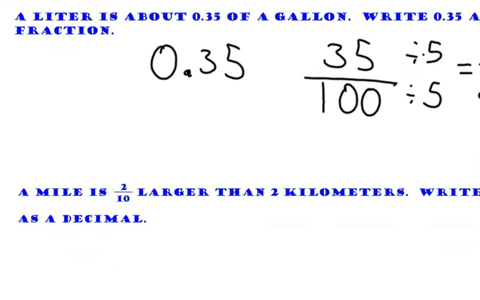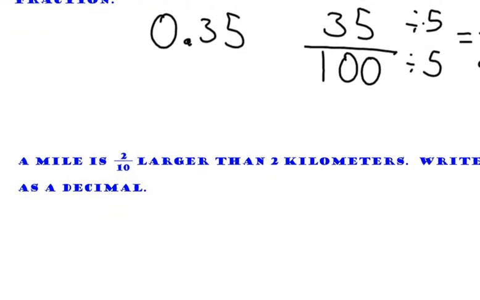Okay. We can also look at it in the other way. It says a mile is 2/10 larger than 2 kilometers. Write 2/10 as a decimal. So now we're going to start with 2/10. But here, once again, we have a key word, tenths. We know our place values.